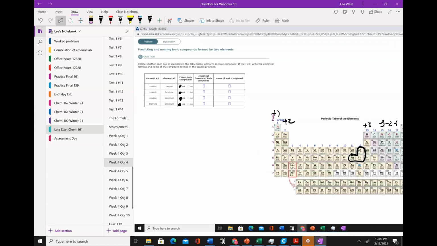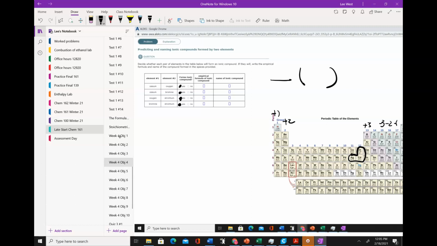So they're all of my fixed charge ions. And my fixed charge ions don't need me to indicate in any way what the charge is. For my variable charge cations, I have to indicate the charge by putting it at the end of the cation name in parentheses with Roman numerals.